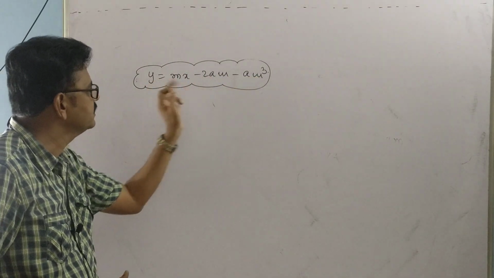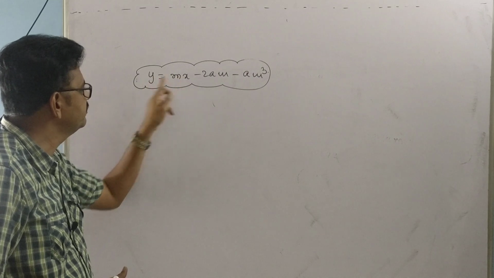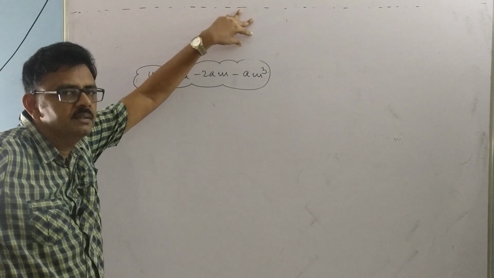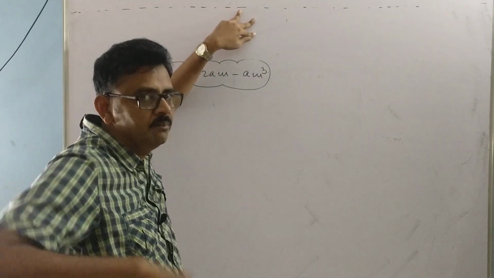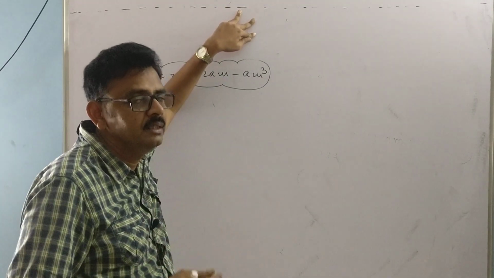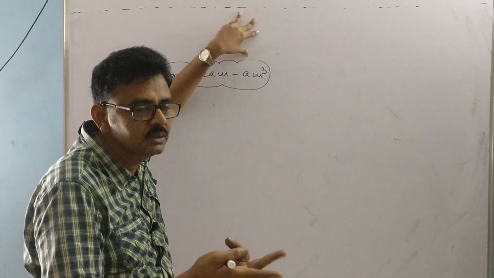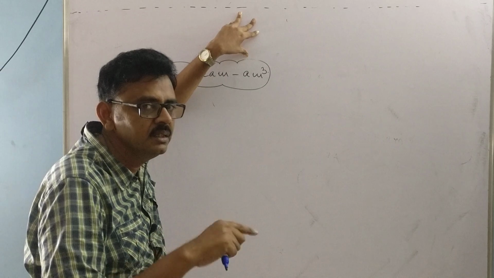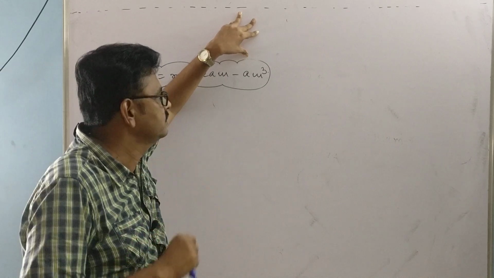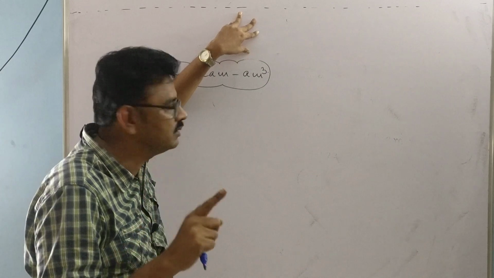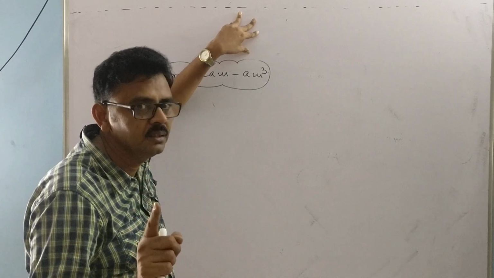If the normal passes through, suppose, 1 comma 2, in place of x and y write 1 comma 2, then you get a cubic equation in terms of m. By solving that equation, it depends on the roots. There may be 3 real roots or 1 real root and 2 imaginary. So at most 3 normals can be drawn from a point to the parabola.